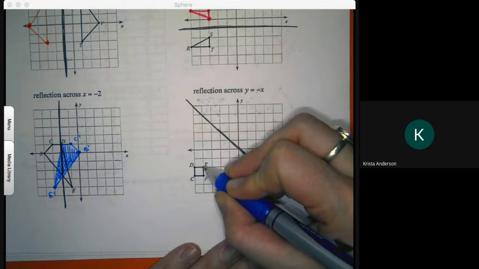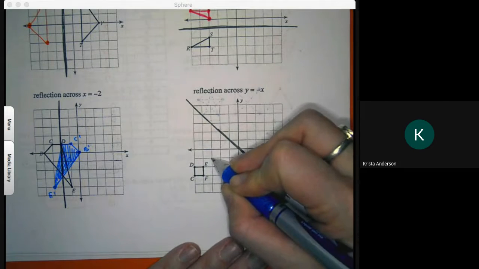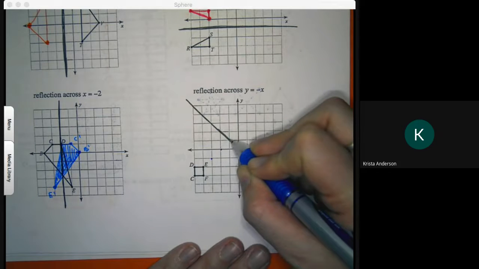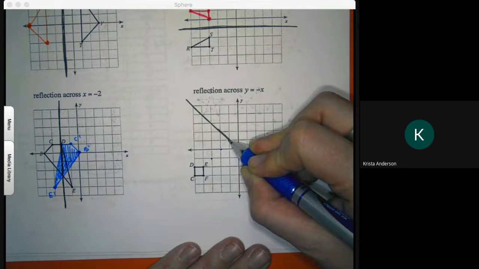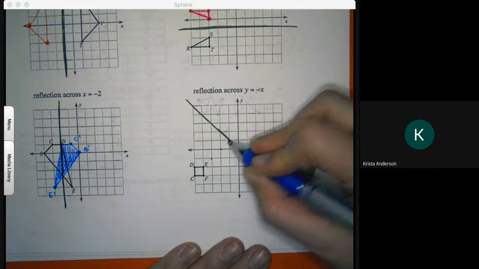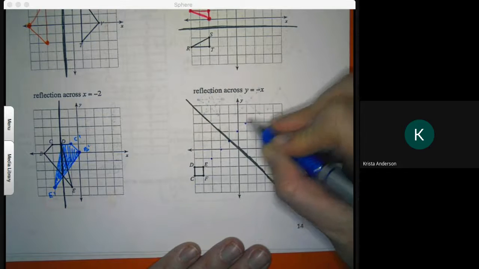So if I go along the diagonal, I would have to go 1, 2, 3 to get to my line of reflection, which means I would then have to go 3 corners again. 1, 2, 3.